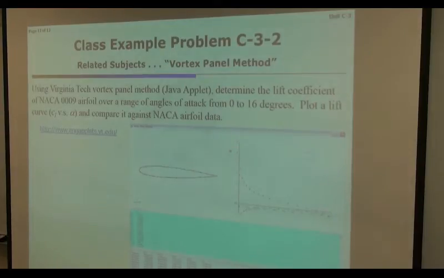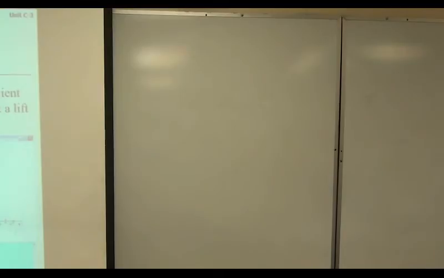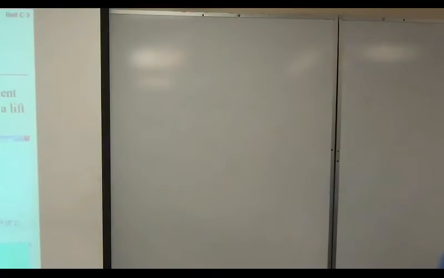Plot a lift curve, Cl versus alpha, and compare it against the NACA airfoil data. Okay, that's good. So there are a few stages to do this. Let me just do it.